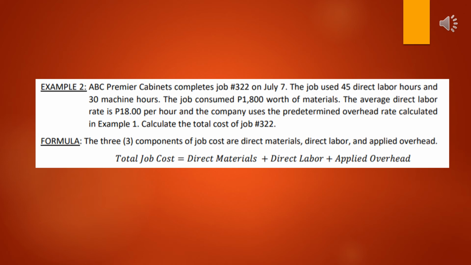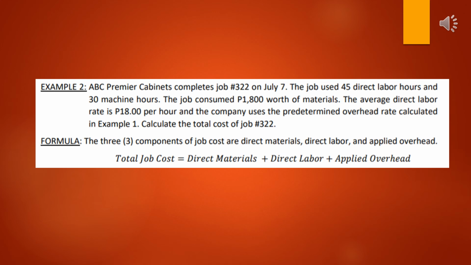So, our predetermined overhead rate was already calculated in example number 1. The formula to get the three components of job cost are direct materials, labor, and overhead or applied overhead. So the overhead rate was already solved. Let us now solve for direct labor and direct materials.